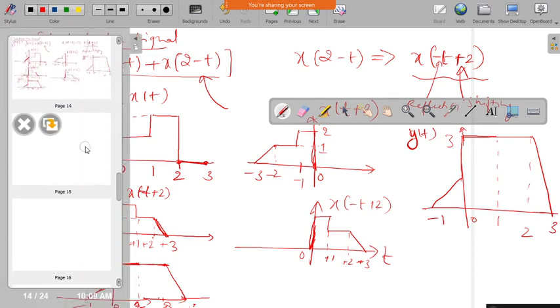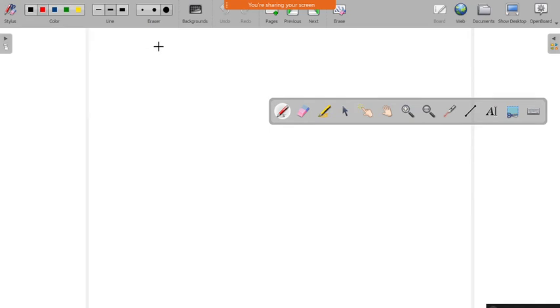So now try to do this one. x of t is given like this.